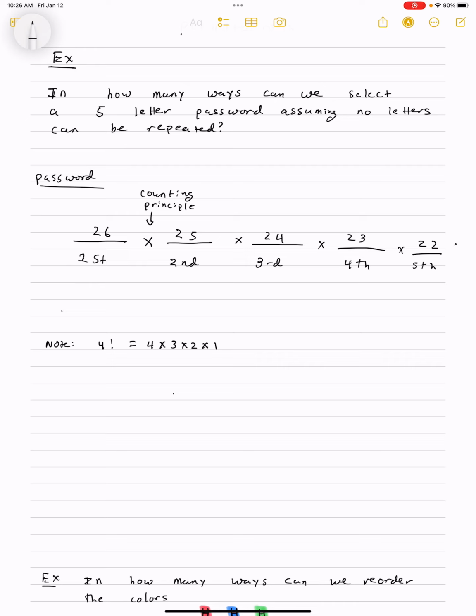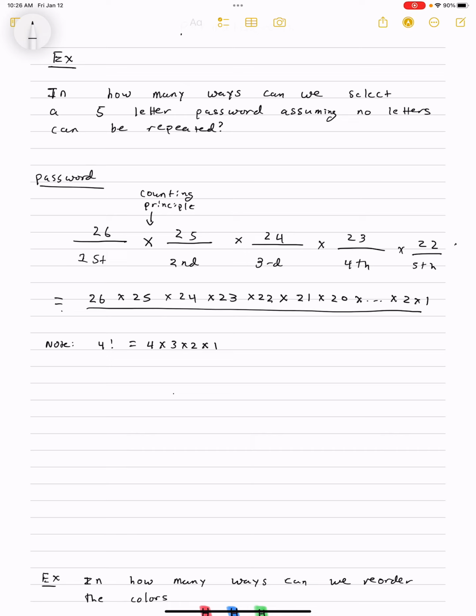So if we were to rewrite this, we could write this as 26 times 25 times 24 times 23 times 22. If this was 26 factorial, we'd go down to 21, multiply by 20, and we keep going all the way down to 1.